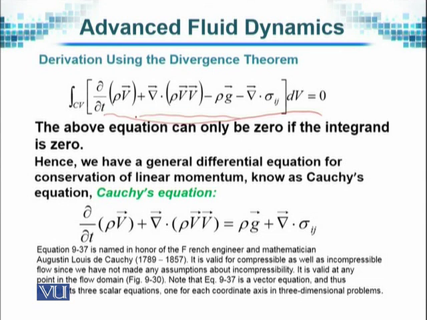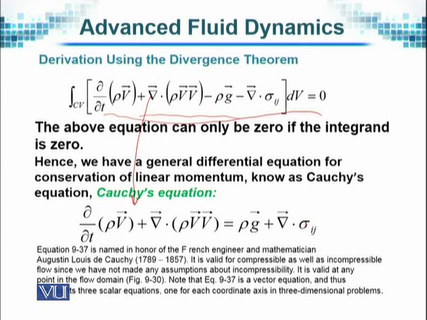And if the integrand is 0, then this equation is reduced to: partial derivative by dt of rho times the velocity vector v, plus divergence of rho v v, is equal to rho g plus divergence of sigma ij. Sigma, remember, is the stress tensor, and it has 9 components, as I mentioned.